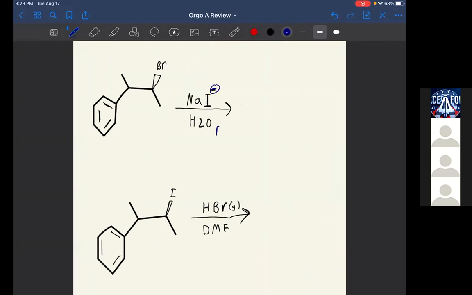This is a protic solvent. When the Br leaves, that would give us a secondary carbocation here. So we can't determine whether it's SN1 or SN2 unless we look at the actual solvent and the nucleophile. So we have a weak good nucleophile and we have a protic solvent. So what would that prefer?